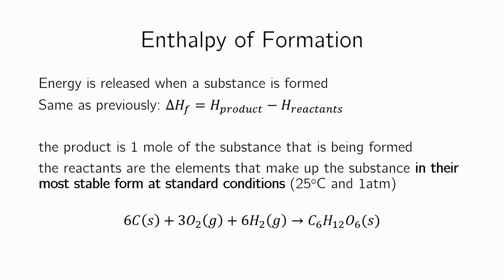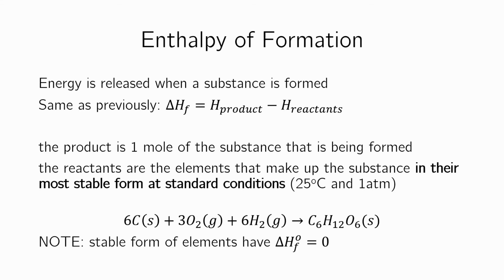This would be the balanced reaction behind that, and the stable forms of elements all have delta H of formation of 0, meaning this has 0 delta H of formation, this has 0, this has 0.